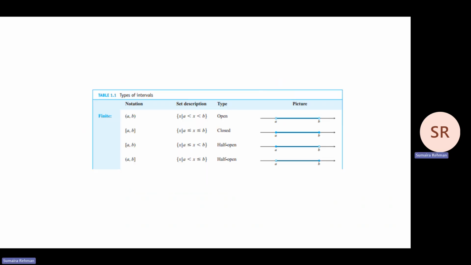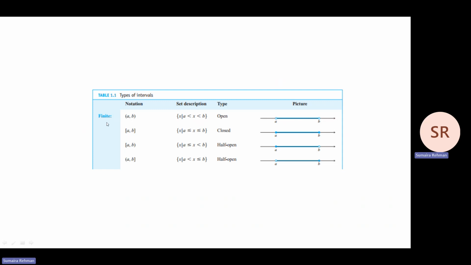Now we will discuss a bit about the types of intervals. Here you can see that we have different notations for the intervals. We have two types of interval actually. One is the finite interval. What do we mean by finite interval?